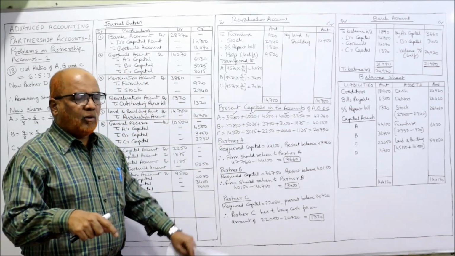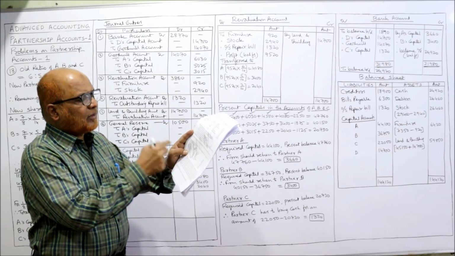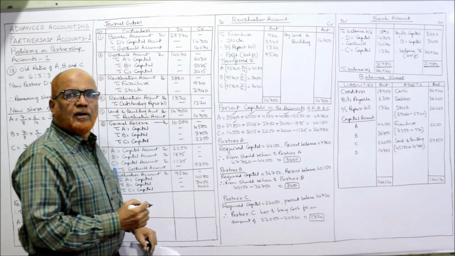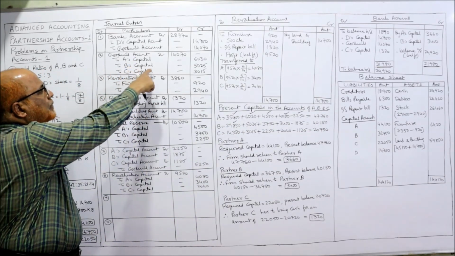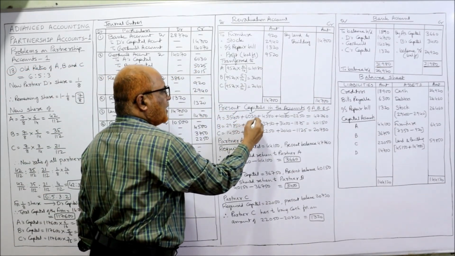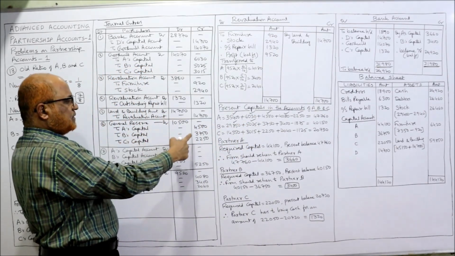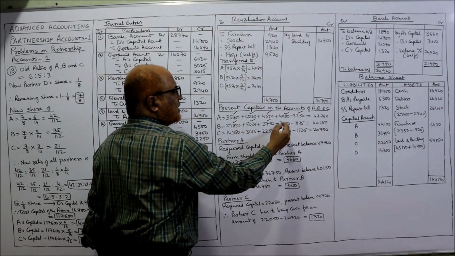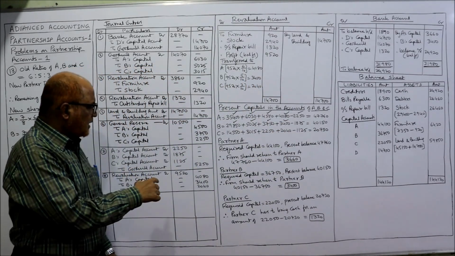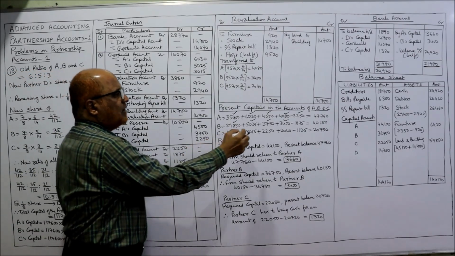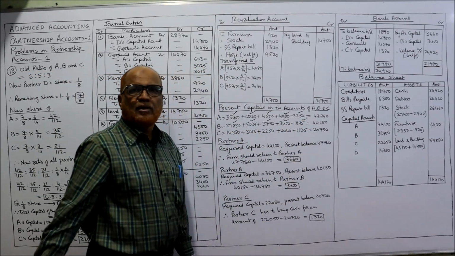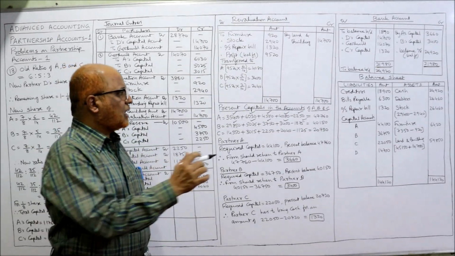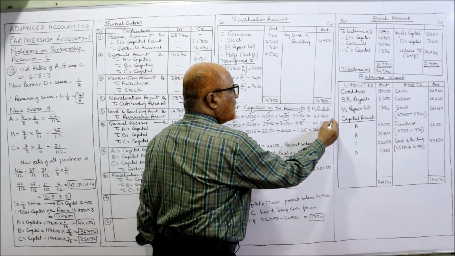Similarly, opening capital for B, 29,850. Here I have taken 29,850. Now he is getting goodwill, 5,025. Apart from that, the general reserve, 3,750. And then he is getting a share of profit, 3,400. Existing goodwill share is minus 1,875. So B's capital is showing an amount of 40,150.